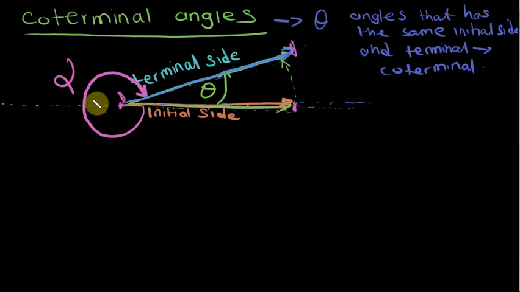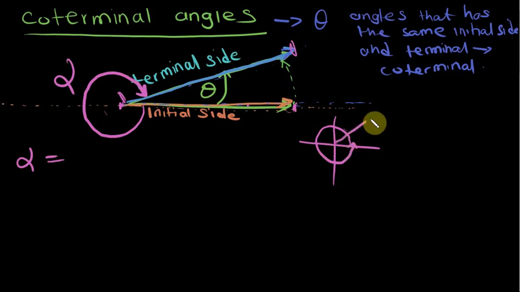So looking at this, if we want to find the coterminal theta, seeing that this is a full circle that adds up to 360, and our theta is given there as that angle.